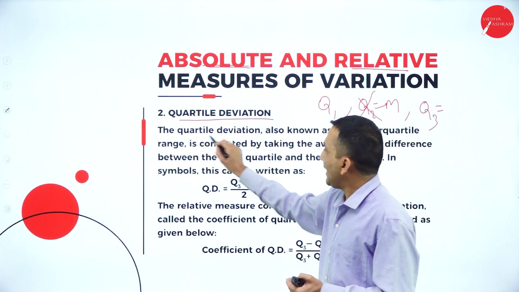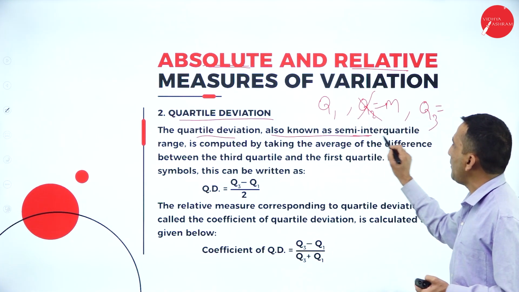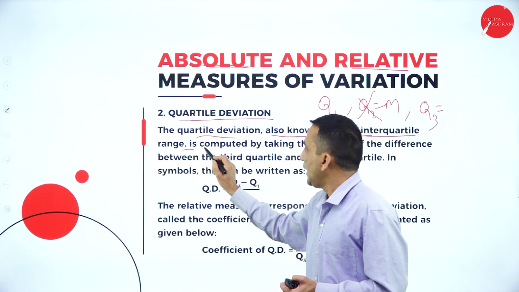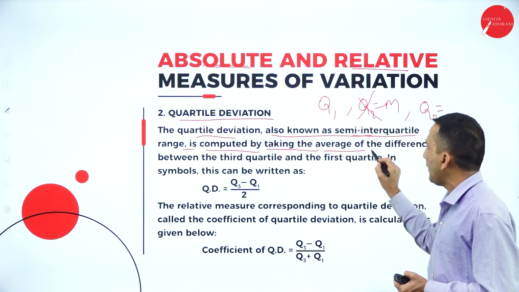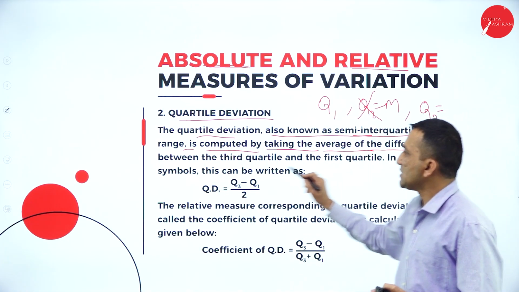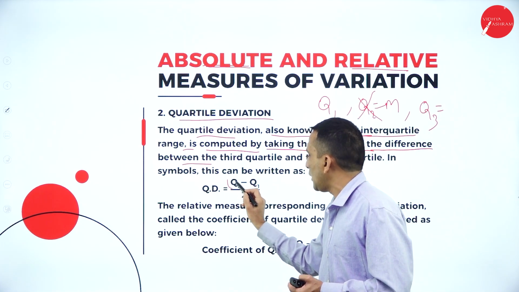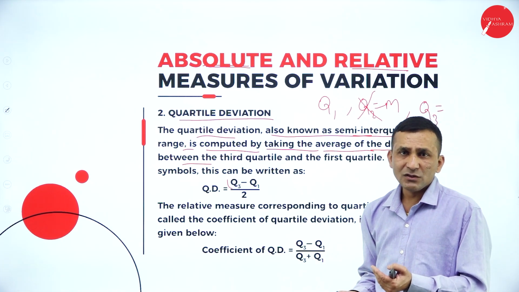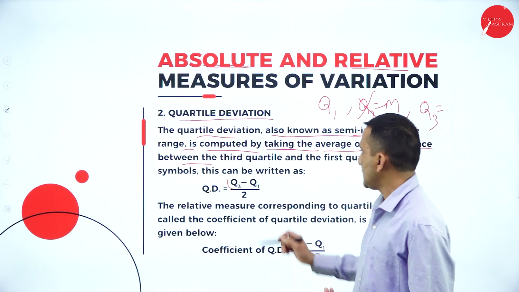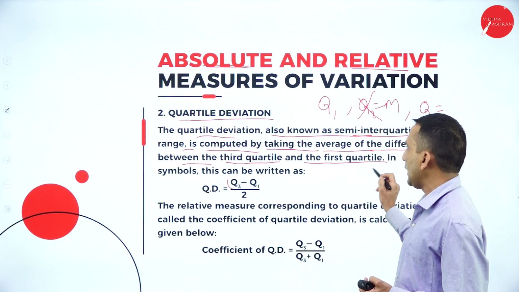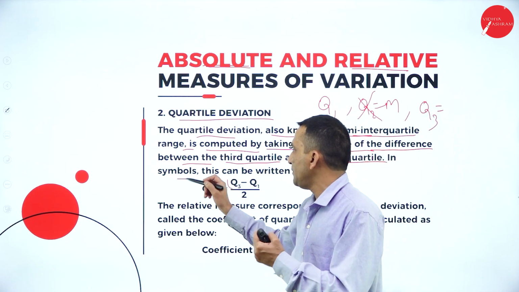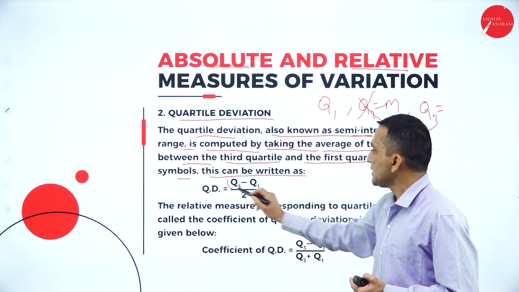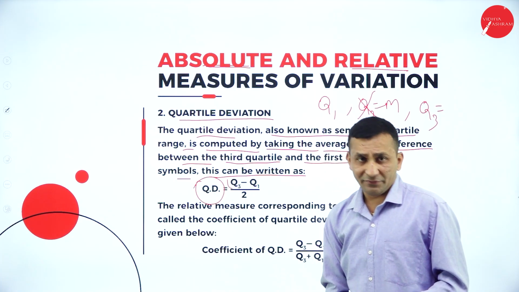The quartile deviation, also known as the semi-interquartile range, is computed by taking the average of the difference between quartile 3 and quartile 1. So of course we are finding the difference between the third quartile and the first quartile. Symbolically this can be written with QD standing for quartile deviation.